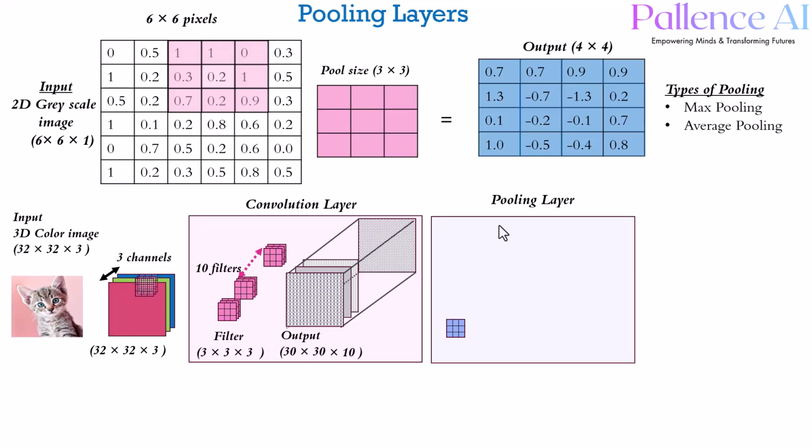One main difference, as I already explained, is what happens with the pooling operation compared to a regular convolutional operation. Another thing is, because pooling is just taking the maximum value, the pooling filter has no depth. The pooling filter is just 2D. Okay, so you just take a 2D pooling filter and you typically use the pooling size 3 by 3.